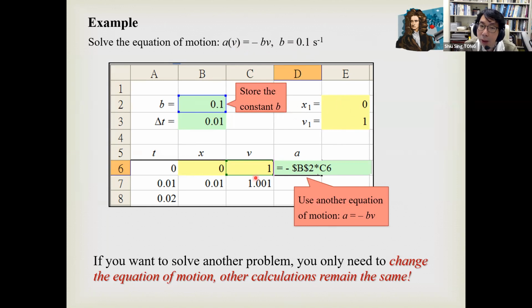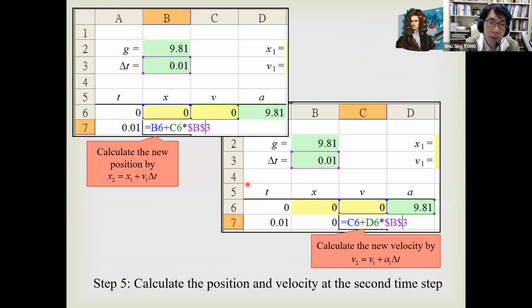So how do I do the calculation? Now you can notice that I do not need to change the calculation for x and v because they are the general equation, right? These two equations are general. It is true for whatever kind of acceleration you have. So you don't need to change it, okay?